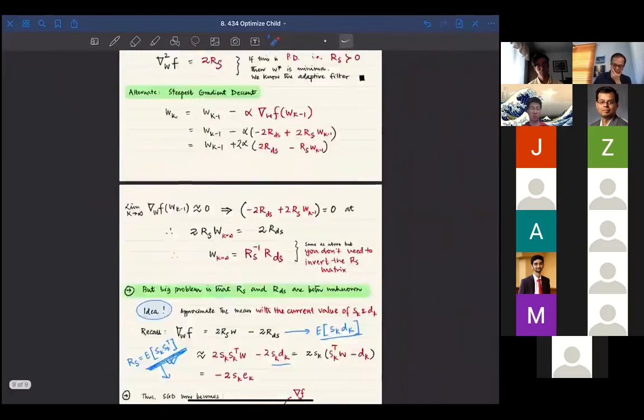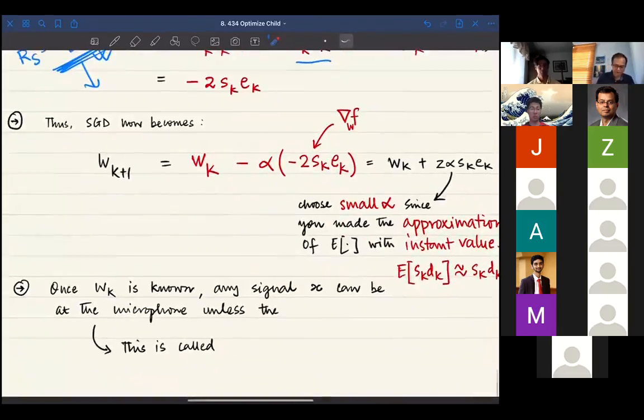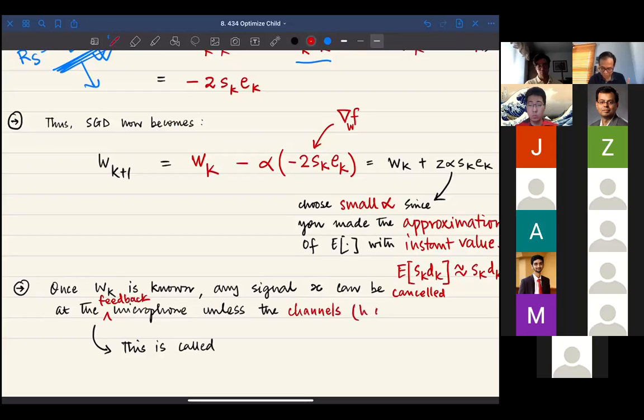Very good. Okay. So this is the last thing I wanted to write, that once WK is known, any signal X can be canceled at the microphone, at the feedback microphone, unless what? The channels H or G change.